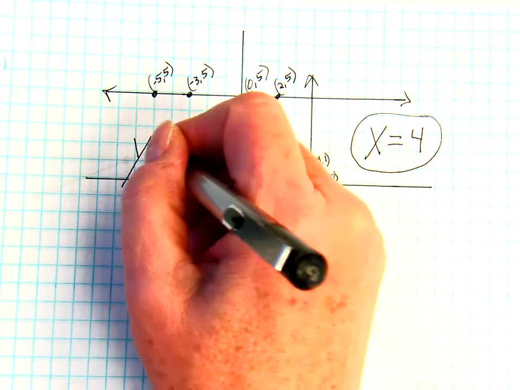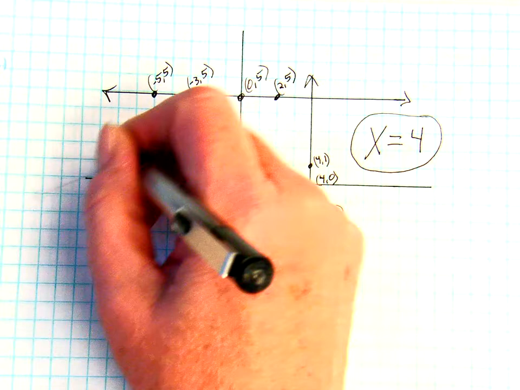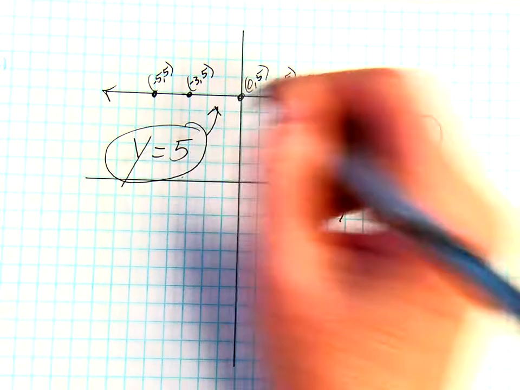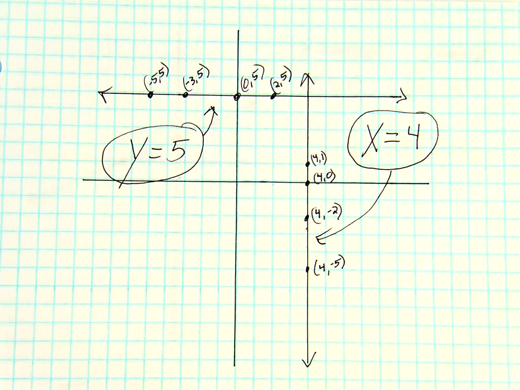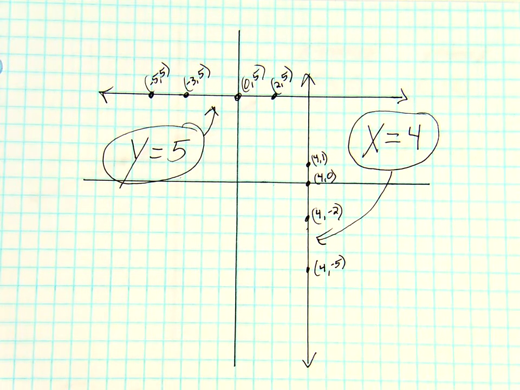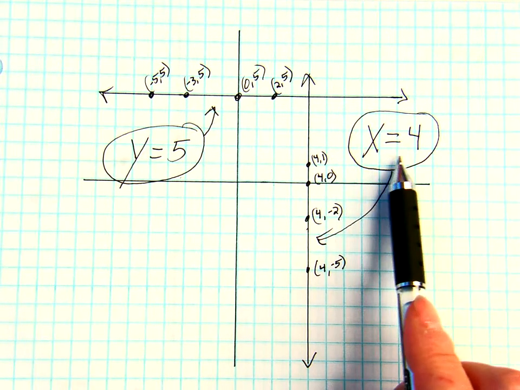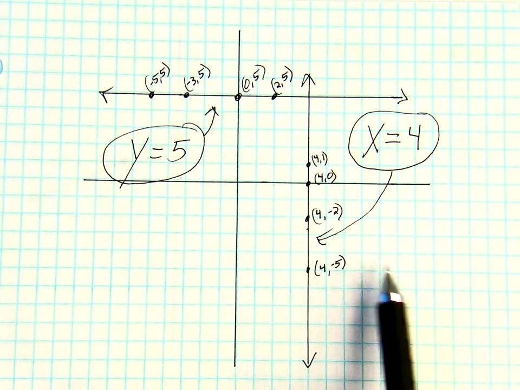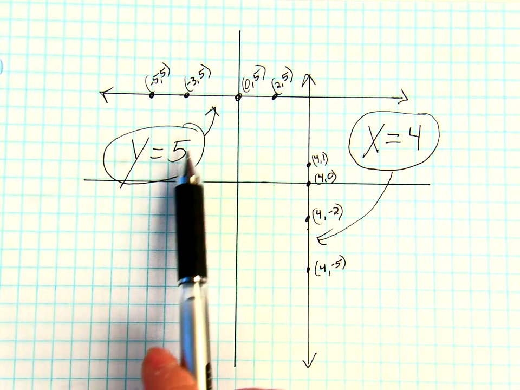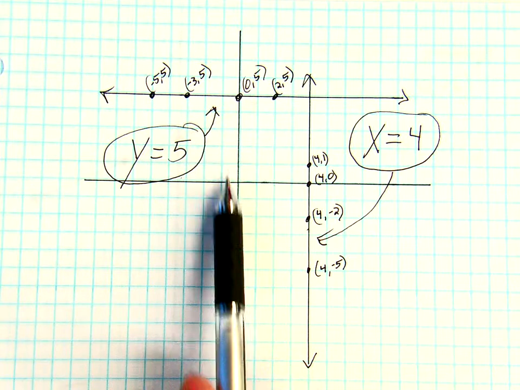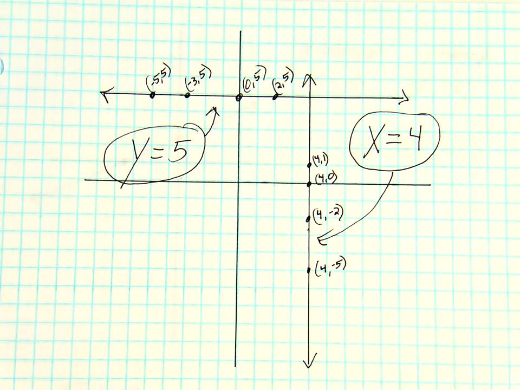So my equation is y equals 5. So if you have a vertical line, it is simply x equals wherever that vertical line is. If you have a horizontal line, it is simply y equals wherever the horizontal line is.